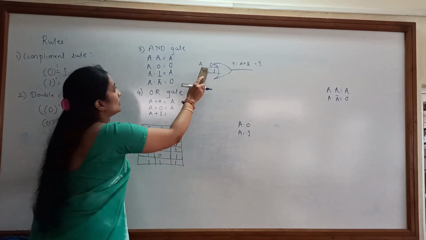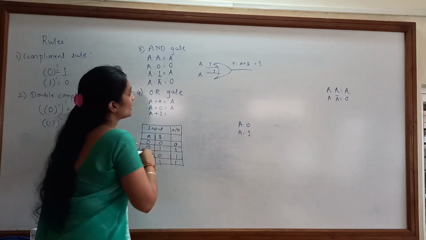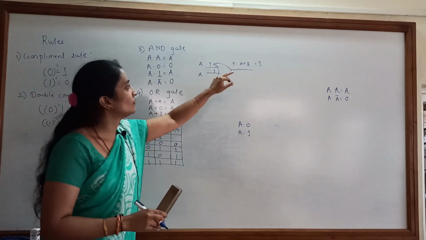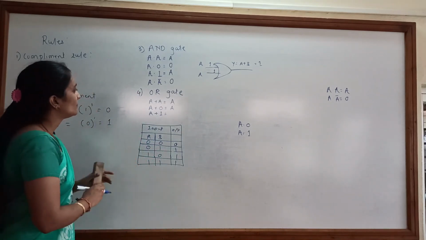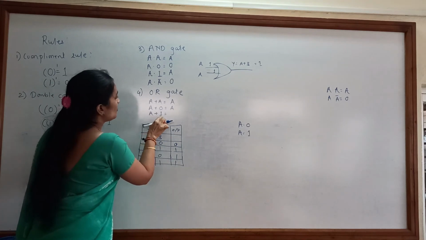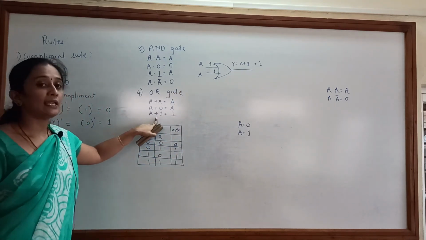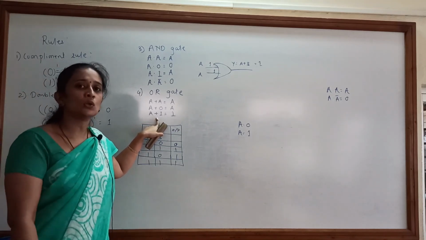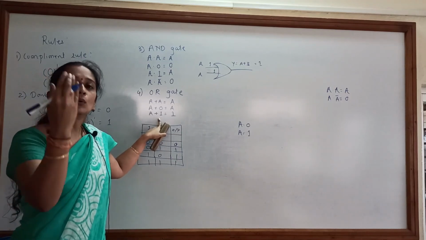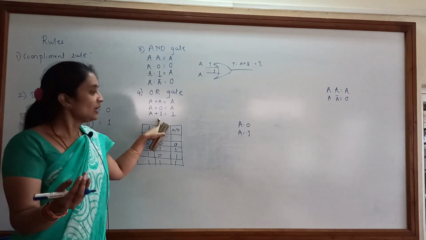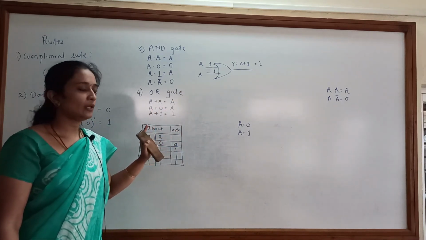And if we will give value 1, second value 1, again 1 plus 1, value will be 1. Means in both the cases we are getting answer 1. Therefore we can write a plus 1 is equal to 1. This is very important rule. If we add number 1 to any number in Boolean algebra, we will get answer 1. We have explained here how you will get.